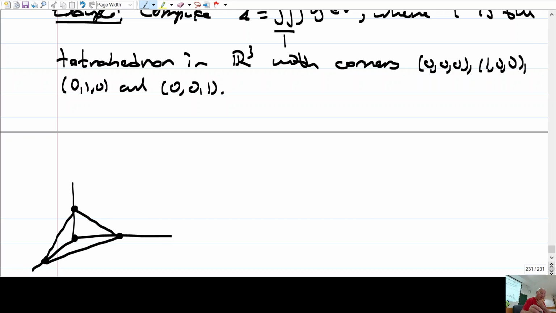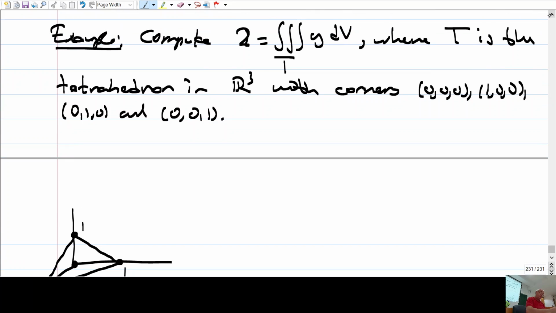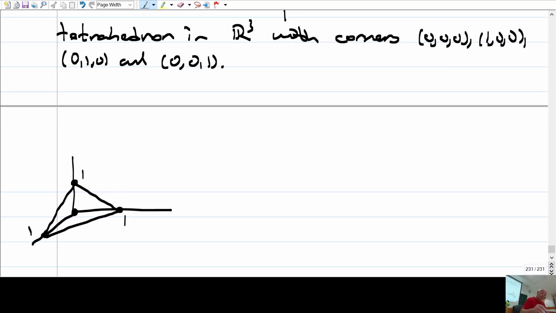Okay, these are all one. I would like to compute this integral over this region. All right. Now we just need to write this as an iterated integral. Well, how can we do this?